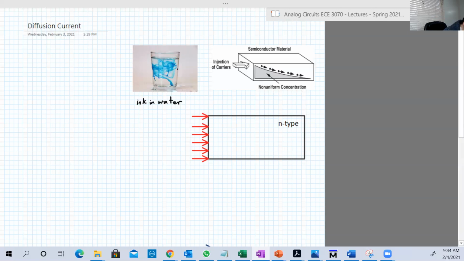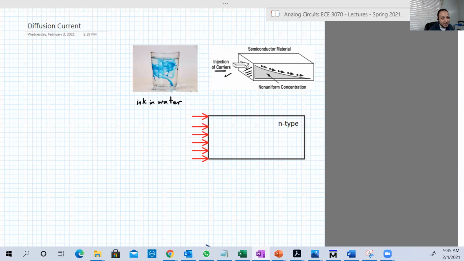Something like this. Here we have a sample of semiconductor material. Then we inject some carriers from one of the sides, this side. This will create a non-uniform distribution of the carriers, which will make the carriers go from the high concentration region to the low concentration region.